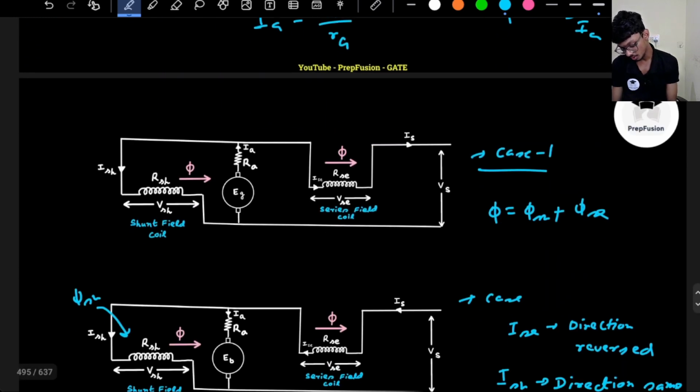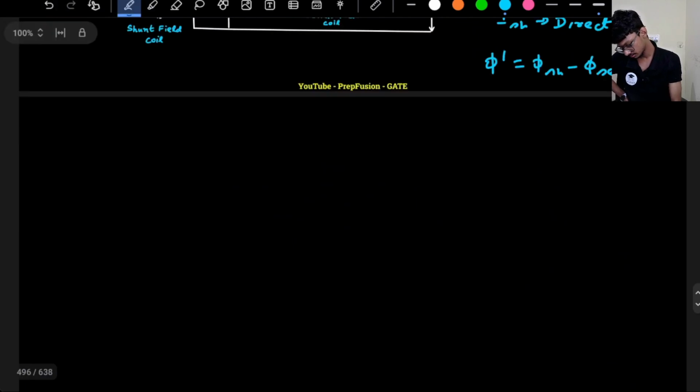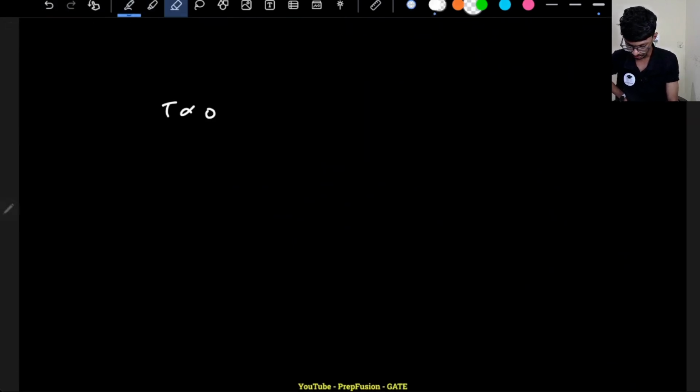So now what will be the direction of rotation? How can I understand the direction of rotation? The direction of rotation that I want to discuss will be defined by the torque and the armature current. So armature current itself has reversed its direction, correct?